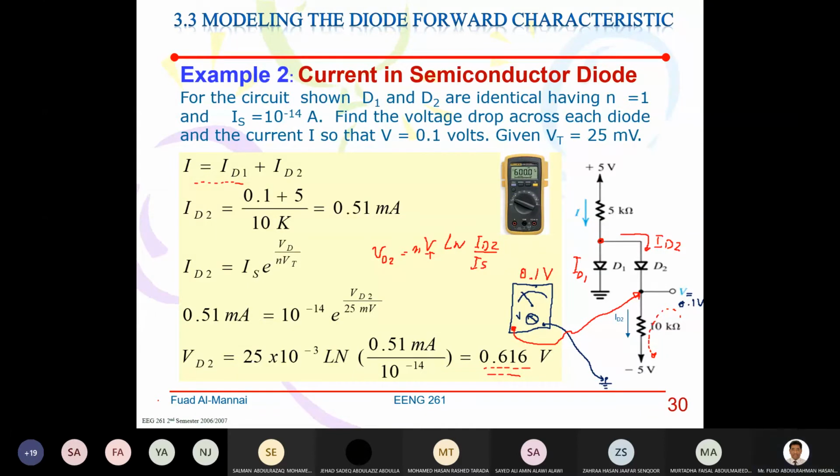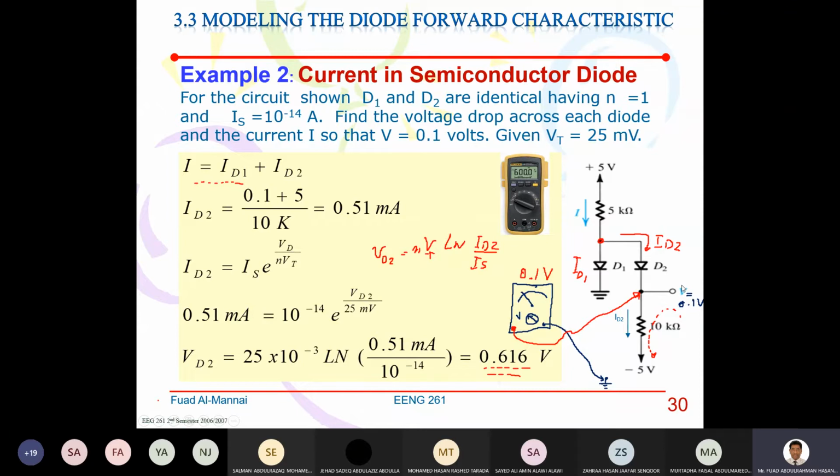Everybody get that? I measure it with respect to ground, and I find it is exactly 0.1 volt. There is also a ground here, the same ground. So if I put my voltmeter between here and here, I will measure 0.1 volt.